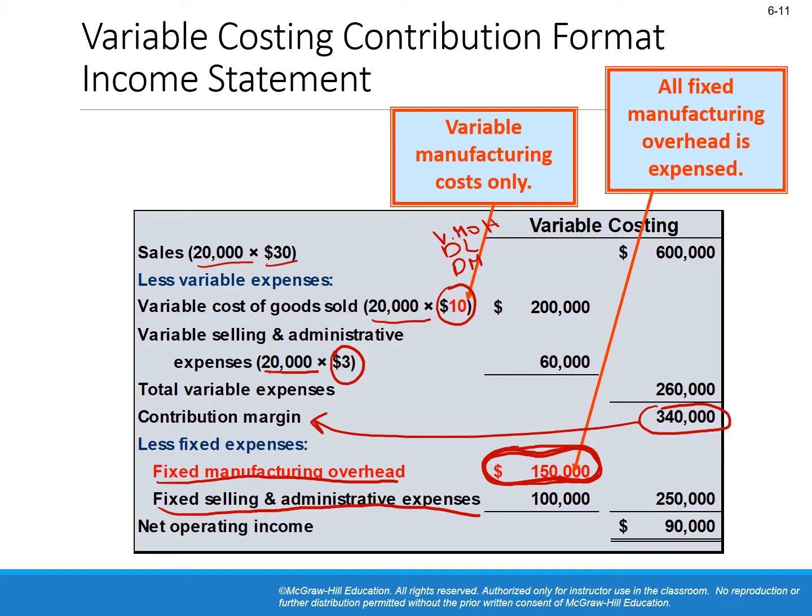So this 150 will always be included regardless whether you sell 5,000, 10,000, 25,000 or more. So eventually we reached a net operating income of $90,000. Memorize this please for a moment. The net operating income under variable costing is $90,000.